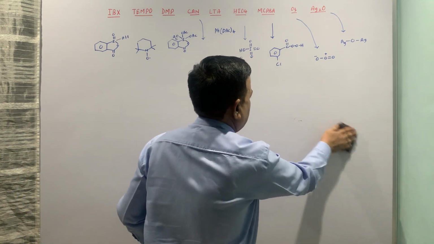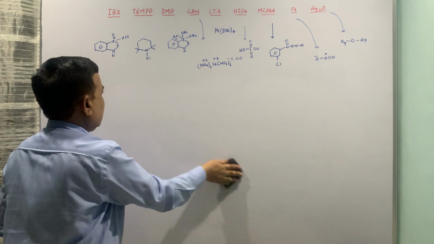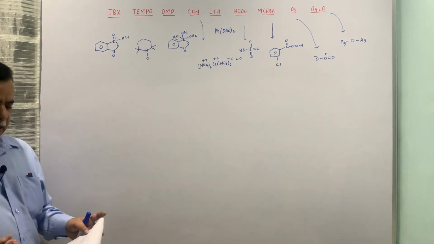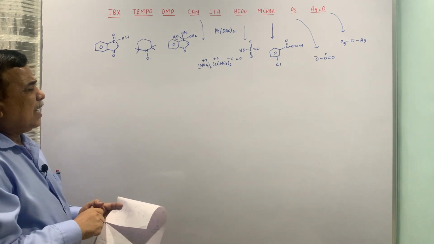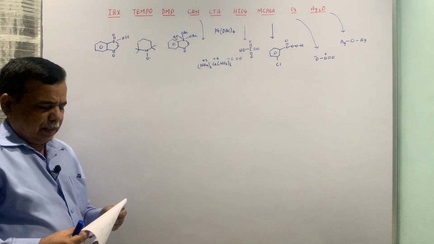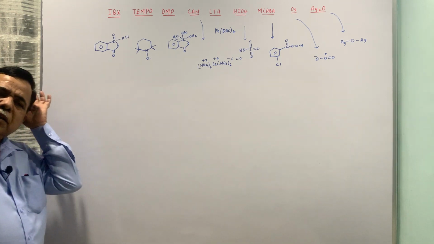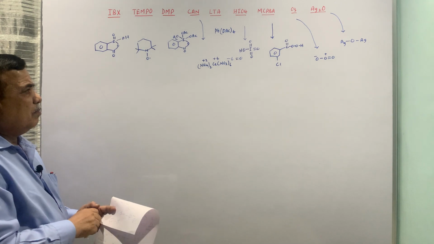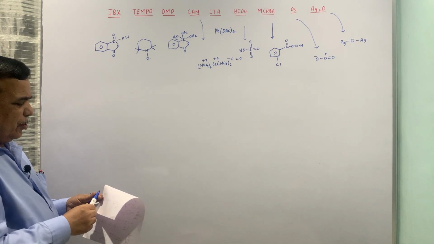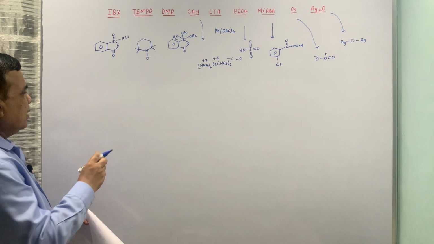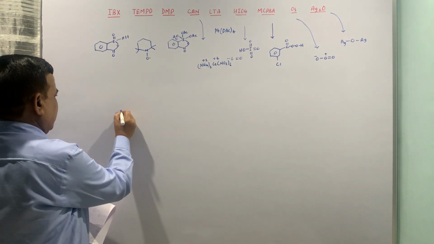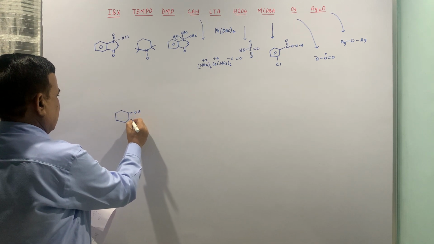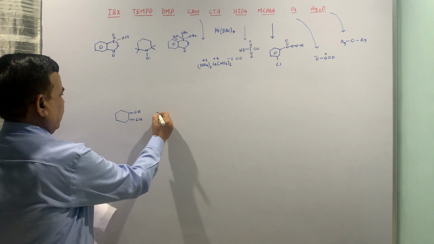The color of lead tetraacetate is snow white and the diacetate is black in color. Lead tetraacetate is generally stored in glacial acetic acid, that is to avoid the color change, because it has to be snow white. And the best application of this reagent is, I will just take one simple example for the sake of illustration.